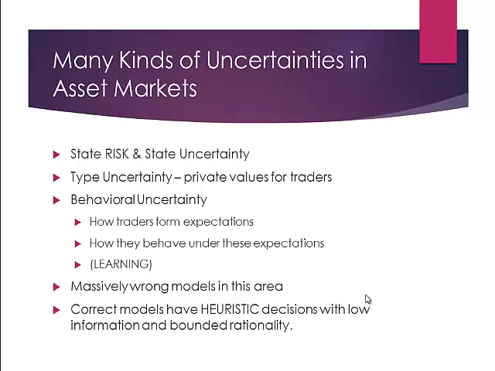Then there is also behavioral uncertainty, which means: how do other traders behave in this situation? So often economists assume that they have rational expectations and they optimize, but both of these are bad assumptions. So the question is, given that they don't know my private value, they don't know what's going to happen in the future, how do they form ideas about this?